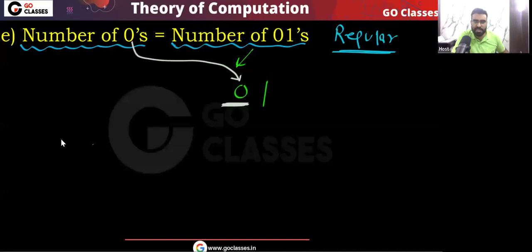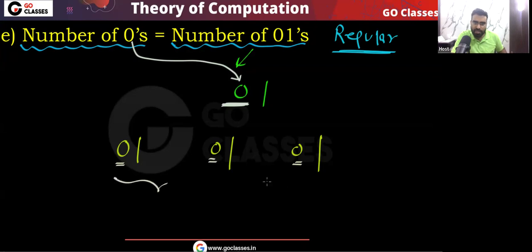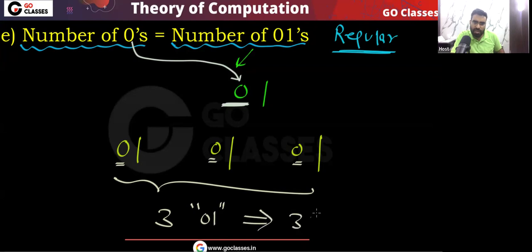Understand this point: if 01 is coming, just think about it and tell me. If 301 are coming, that is 01 three times, then automatically three zeros have already come. Is this clear?